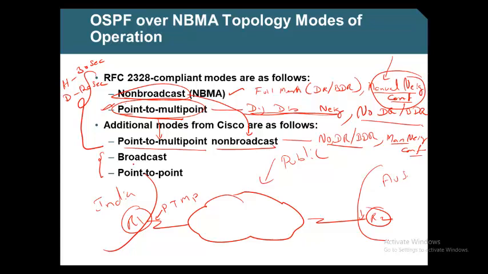The reason is, though it is an NBMA, if you wish to experience a broadcast feeling in the NBMA environment, you can switch the mode to broadcast.